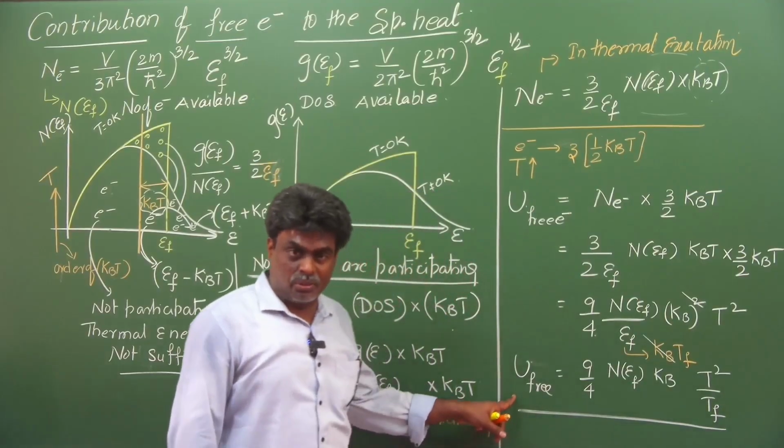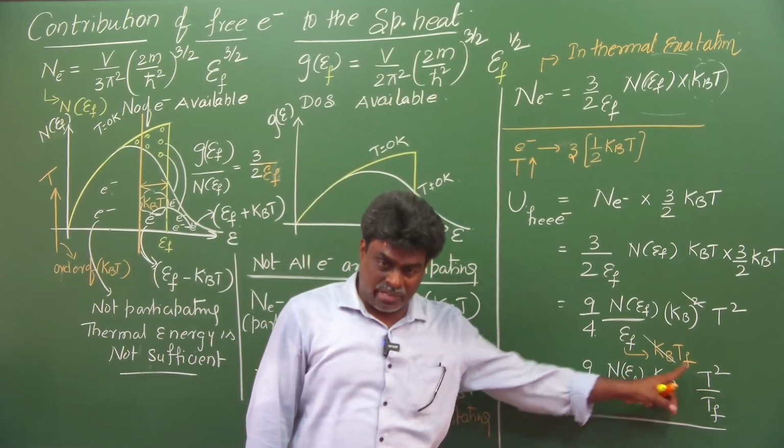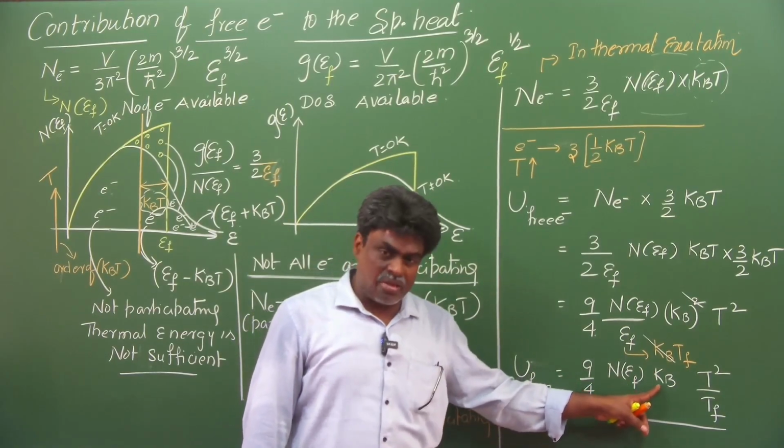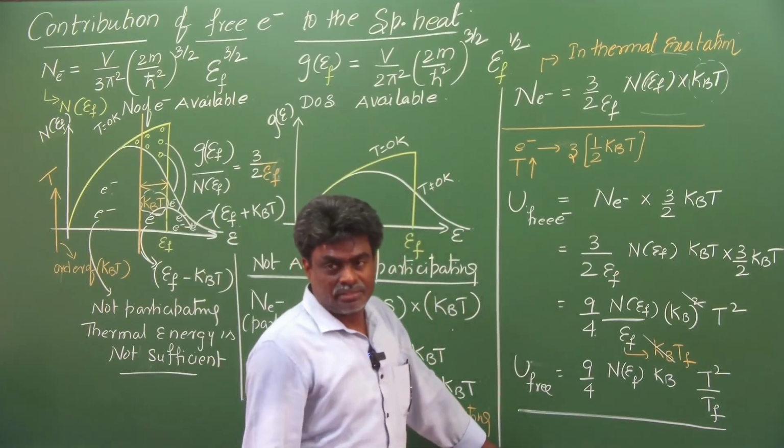CV equals dou U by dou T. If you differentiate this with respect to T, what will you get? Come on, 9 by 2 N EF kB, T by TF. You have to write it like that.